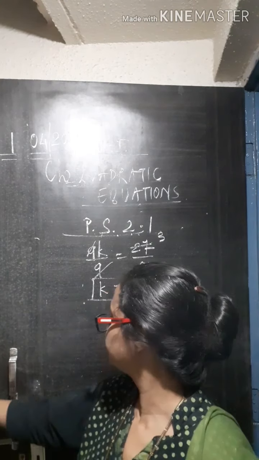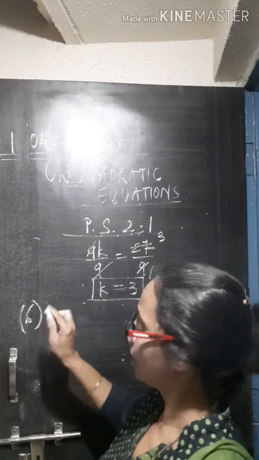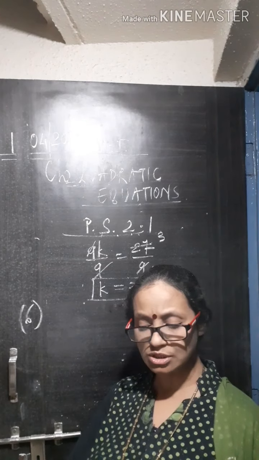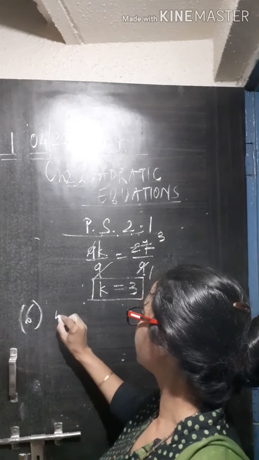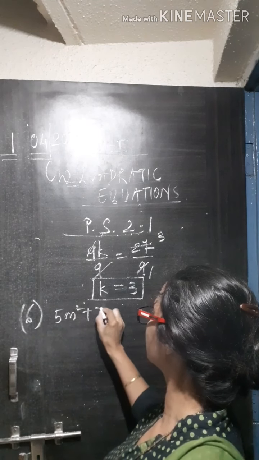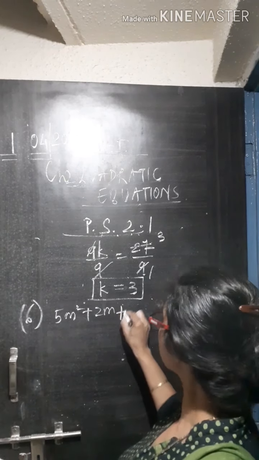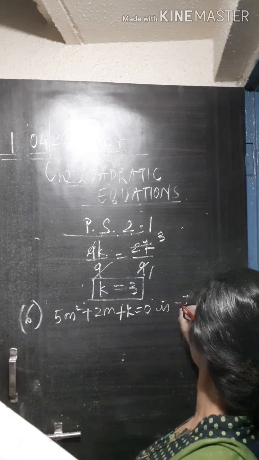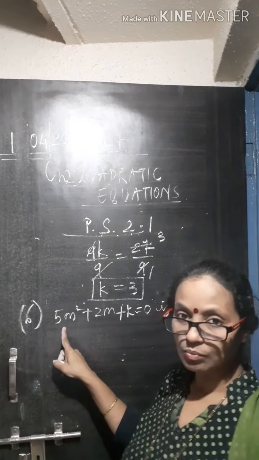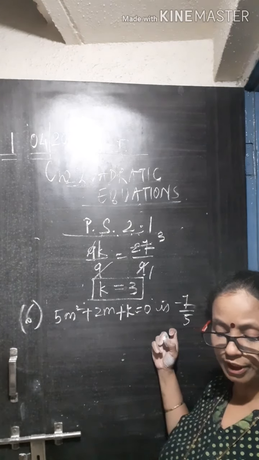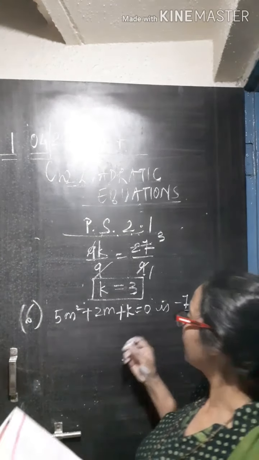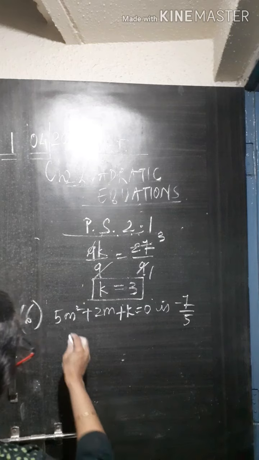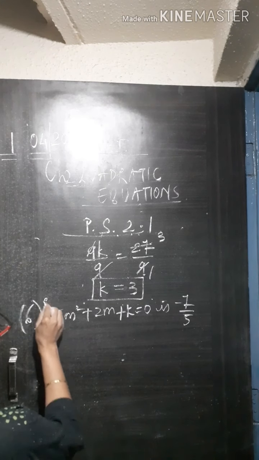Question number 6 says one of the roots of the equation 5m square plus 2m plus k is equal to 0 is minus 7 upon 5. What is this minus 7 upon 5? The root of the equation, right? So I should have written the root of this equation actually. What should I write?